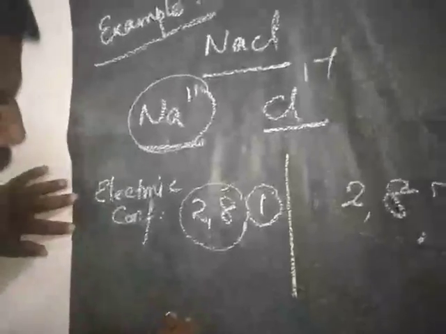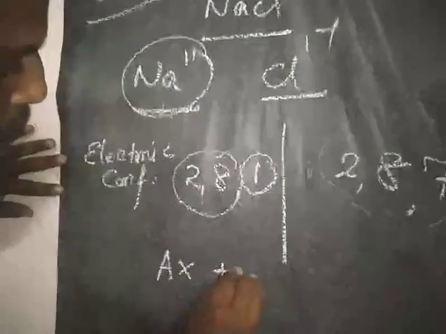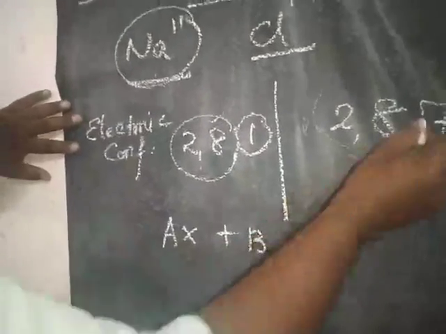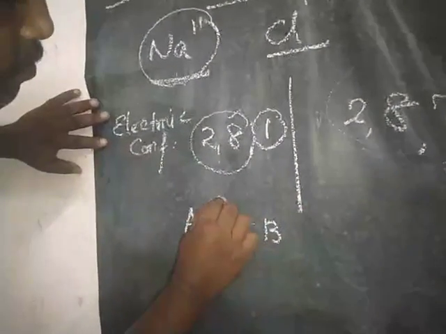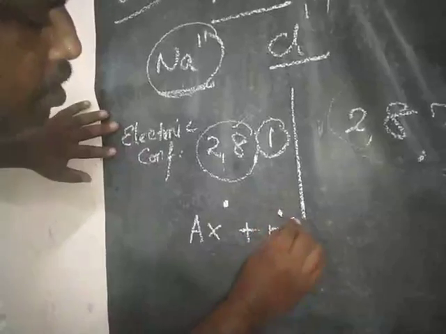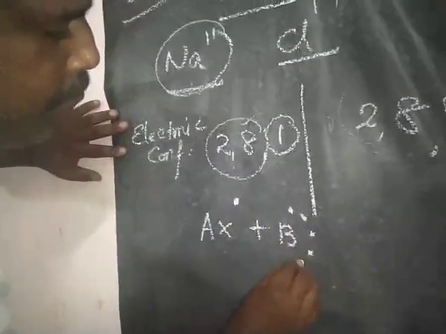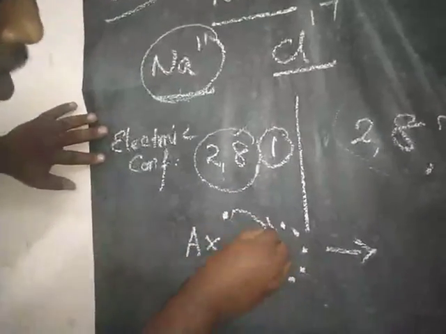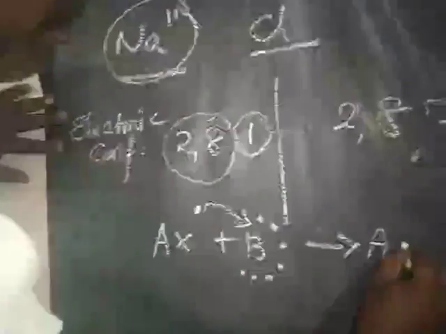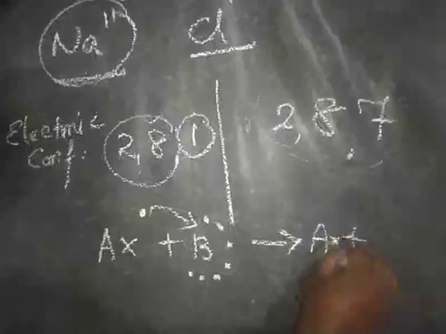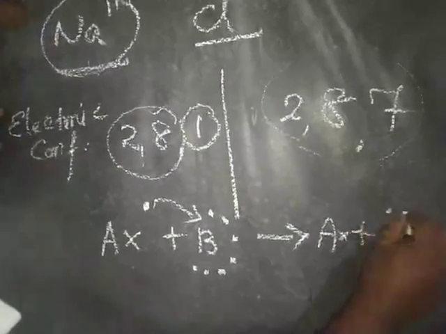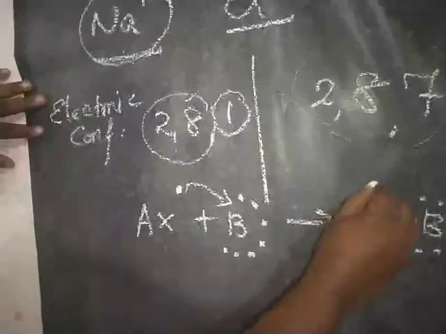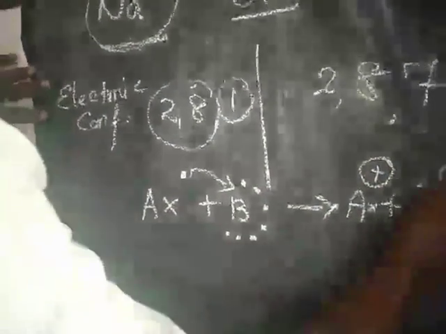Here A and B. How many electrons are there in B? Here, 7 electrons, one electron short of eight. Next we write that the electron is transferred from A to B, so B has 8 electrons. Here A has a plus charge, here B has a minus charge.